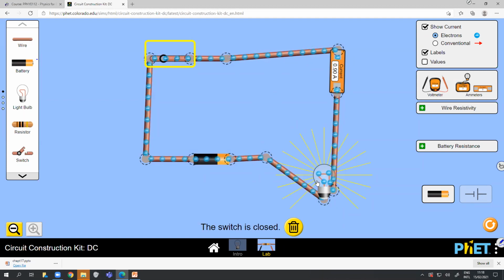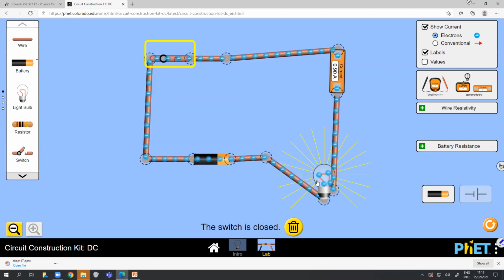So the ammeter is connected in series with the element through which the current is flowing, and you want to measure the current through that element. The bulb is what we are interested in. So whatever the current that flows through the bulb is also flowing through the ammeter.